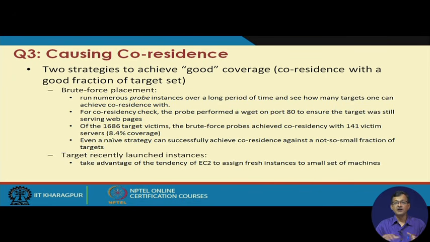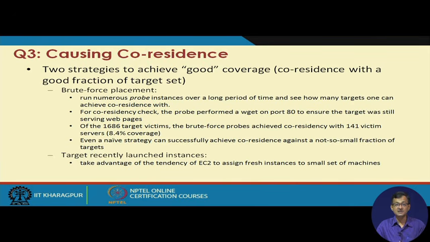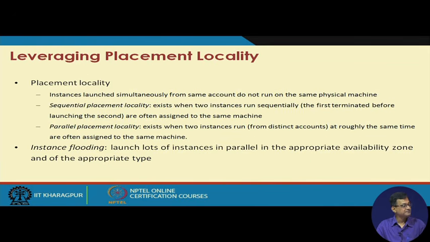After studying, it can be seen that the service provider places instances launched within a particular small time span onto the same type of hardware or server, so there is a chance of targeting recently launched instances to become co-resident.